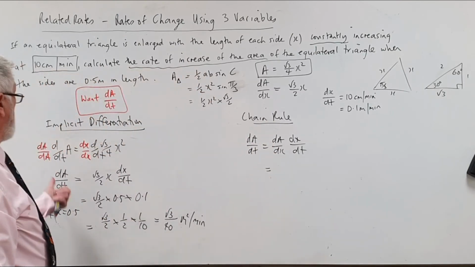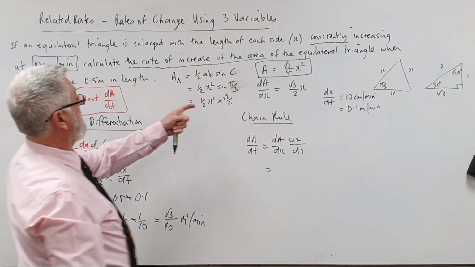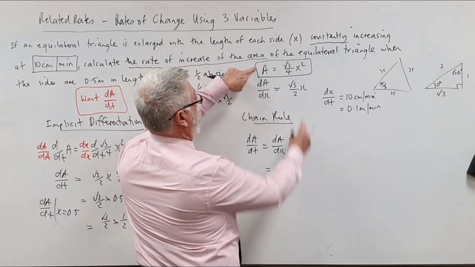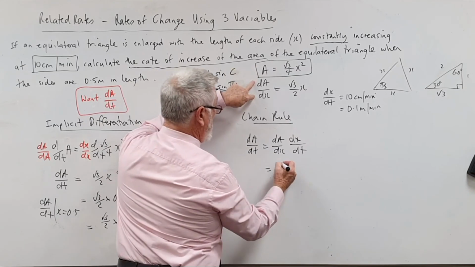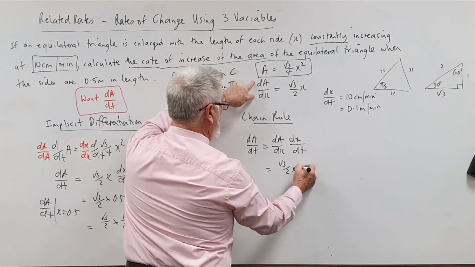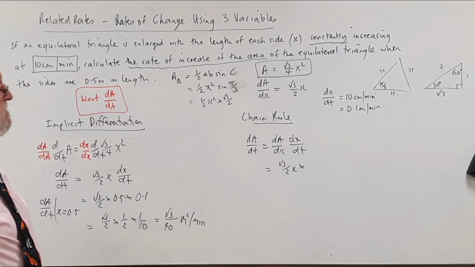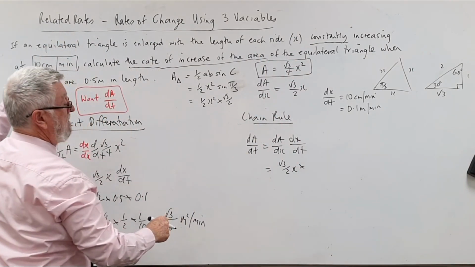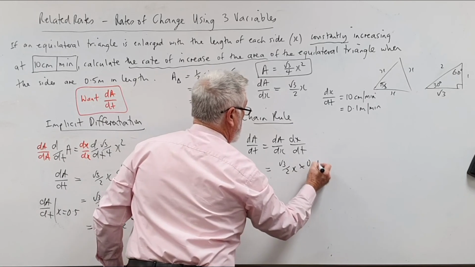So if I do it this way instead of that, the dA dx is, I've already got it written up here, but I could have gone differentiate that and do it, but I already had it written as root 3 on 2x times dx dt, which is consistent, we know, which is 0.1.